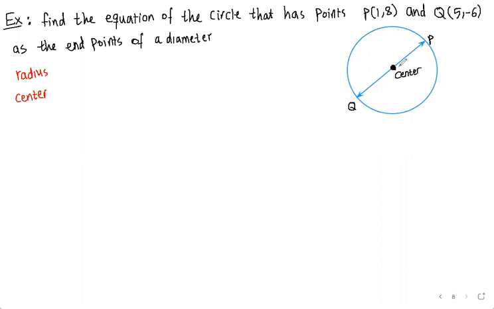The center, let me give you an idea. The center is the midpoint between this point and this point. And we took the formula for the midpoint last time. What's the formula for the midpoint? Because the center is always the midpoint between the two endpoints of the diameter.